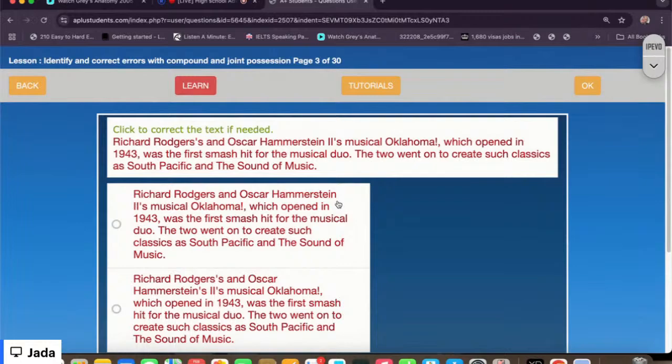Okay, so Richard Rodgers and Oscar Hammerstein's two musicals. Oklahoma, which opened in 1943, was the first smash hit of the musical duo.